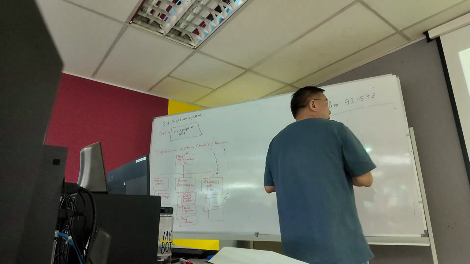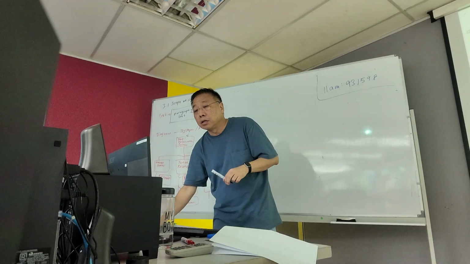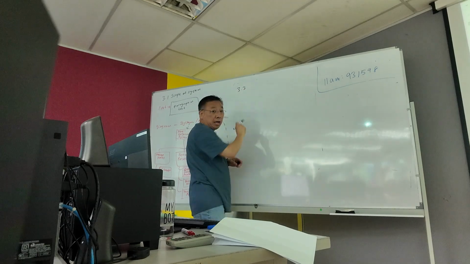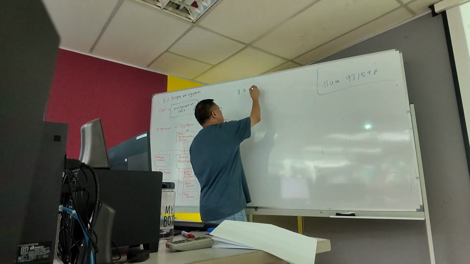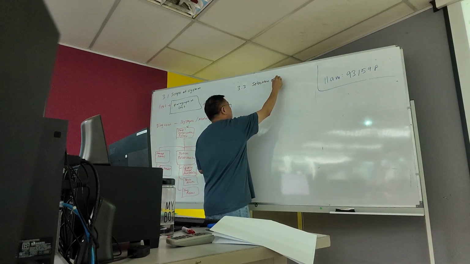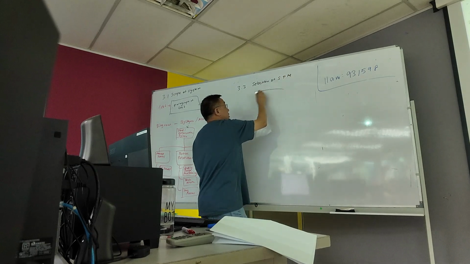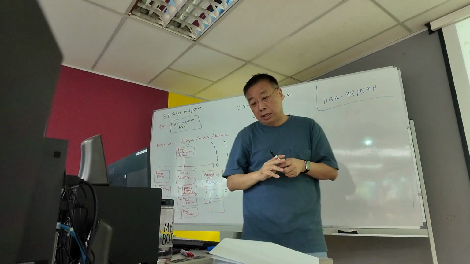This is 3.3, software process model. First thing you have to do is the selection of the software process model. You have to justify which software model you have selected and why you have selected it.